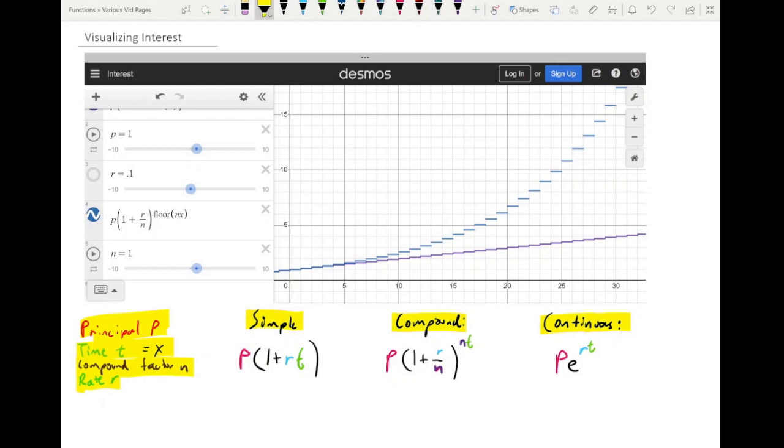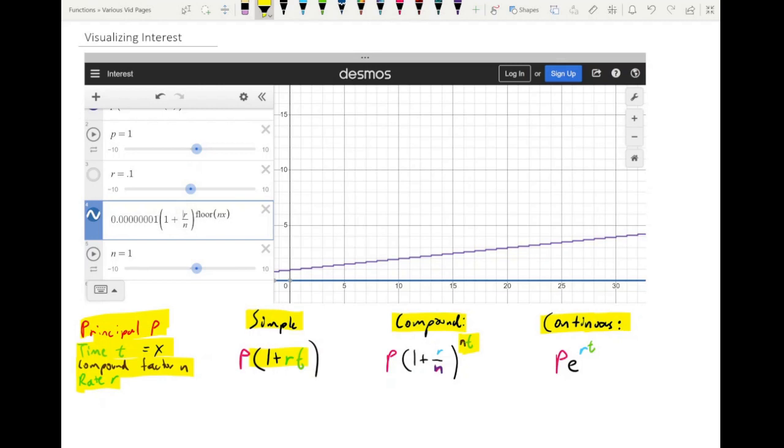right? There's a fundamental sense in the way that compound interest is better than simple interest, and it's because of this exponential behavior of the money as time passes compared to the linear behavior. In fact, this is so strong that I could decrease this principal down to a little fraction of a cent.